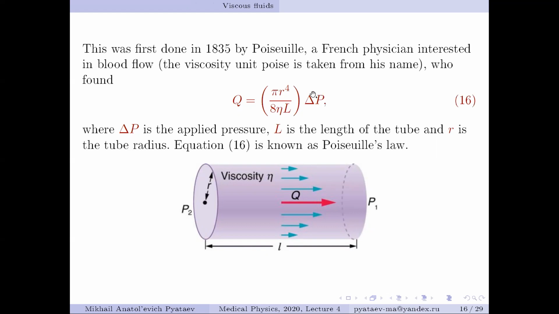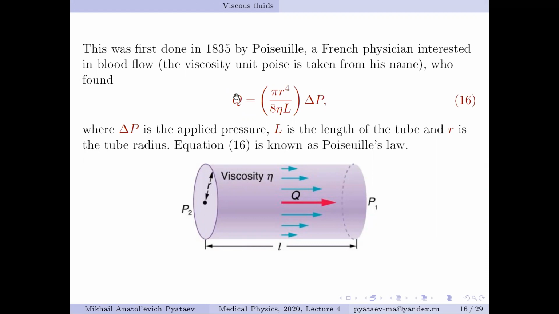I'm sorry, Q doesn't remain the same, because the total volume is the same, but Q is total volume divided by time. So Q is different, delta P is different, and eta is different for different liquids. But Q can be easily calculated as volume divided by time. Time is different, volume is the same.